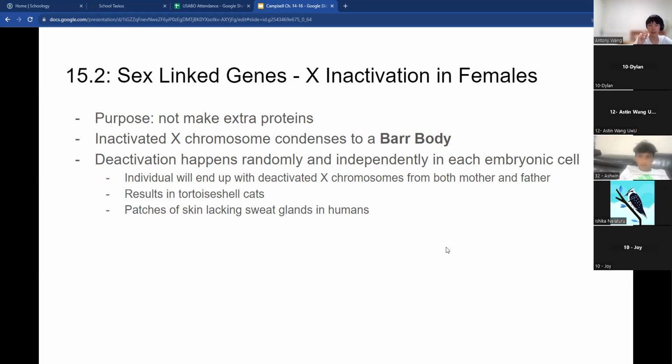So the embryonic cell and all of its descendants will have the same X inactivation pattern. However, between different embryonic cells, the X chromosome that is inactivated can be different. That results in patchy phenotypes in females, for example tortoiseshell cats with patches of different colored fur. The different colors are the result of different X inactivation in the embryonic stage.